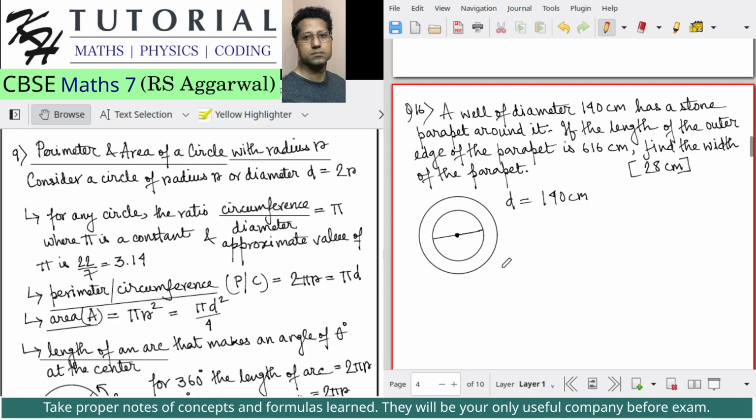And the question is asking if the length of the outer edge of the parapet is 616 centimeter. Now, length of the outer edge of the parapet means the circumference of the outer circle.